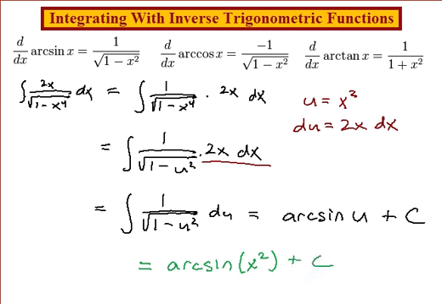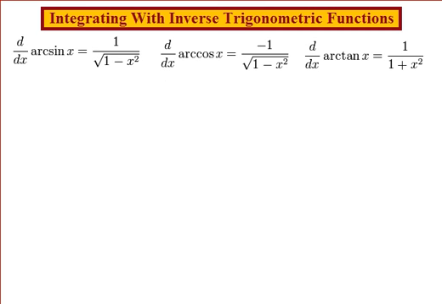This problem was an indefinite integral. Let's take a look at a similar problem that is instead a definite integral. This will be example 6 from section 7.5. We are asked to evaluate the definite integral of -1 over the square root of 1 minus x squared from 0 to 1/2.